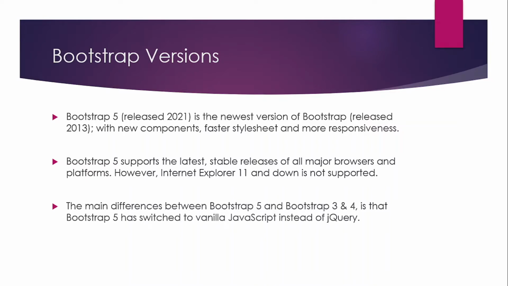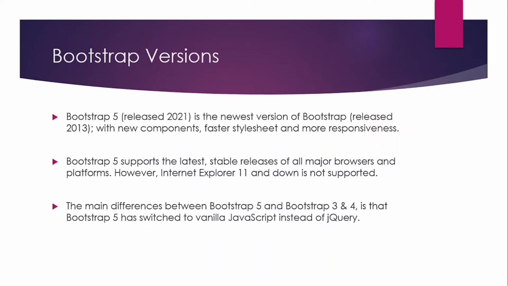The main difference between Bootstrap 5 and Bootstrap 3 and 4 is that Bootstrap 5 has switched to vanilla JavaScript instead of jQuery. So basically, Bootstrap 3 and 4 were using jQuery in their JavaScript plugins wherever they were using JavaScript.